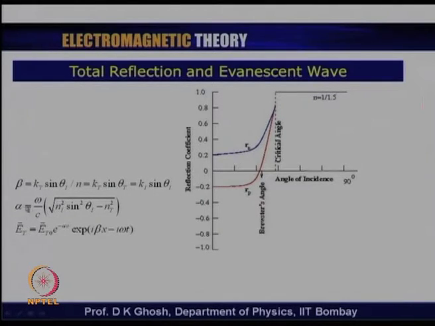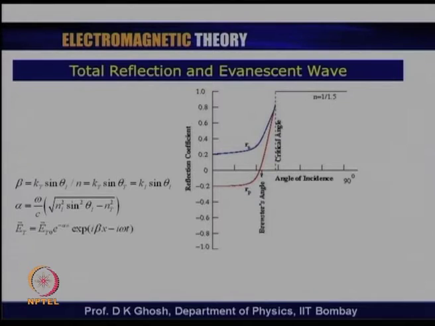And there is a term which, when plugged into the exponential, will give you e to the power minus alpha z. So, this is alpha, and the transmitted wave becomes E t 0 e to the power minus alpha z times a propagating term. Let me write it clearly, so that one can see what is happening there.